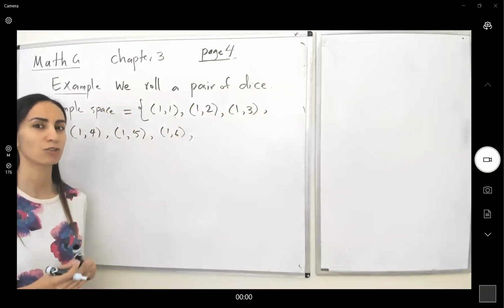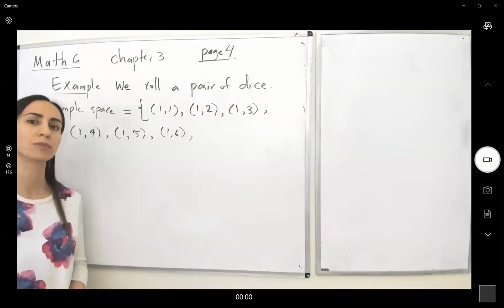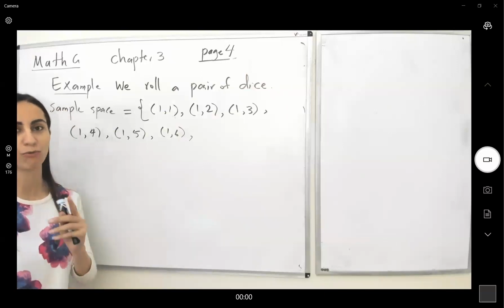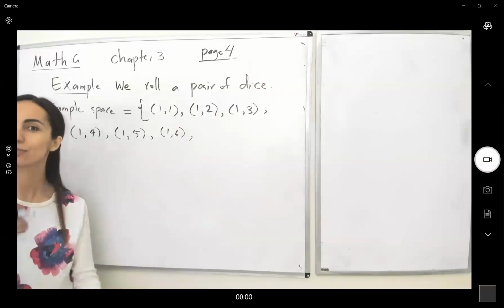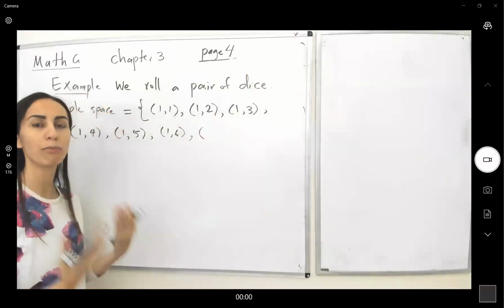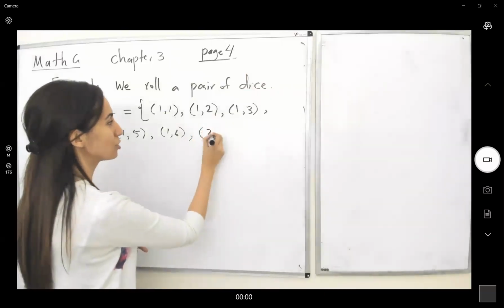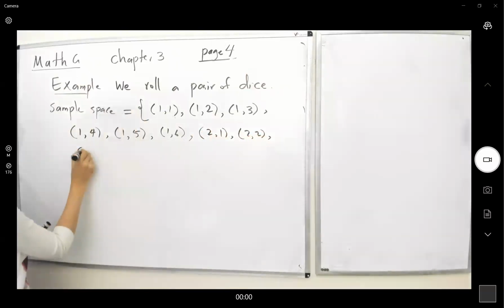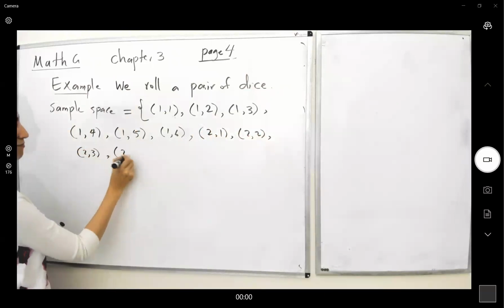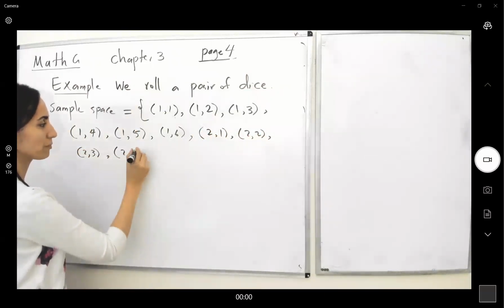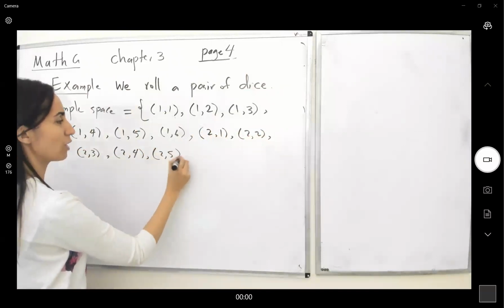So now suppose the first die comes up with 2. The second die comes up with 1, then 2, then 3, then 4, and so on. So we're going to write down all the possible outcomes. 2 and 1, 2 and 2, 2 and 3, 2 and 4, 2 and 5, 2 and 6.